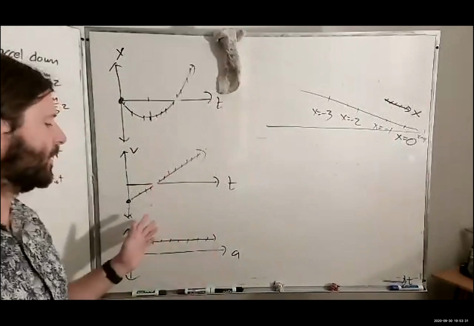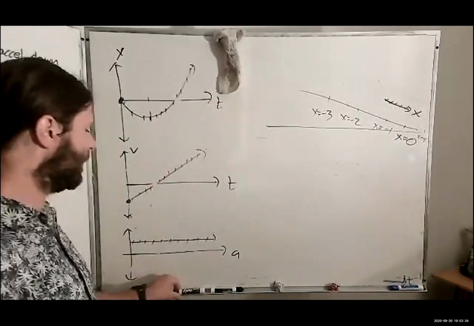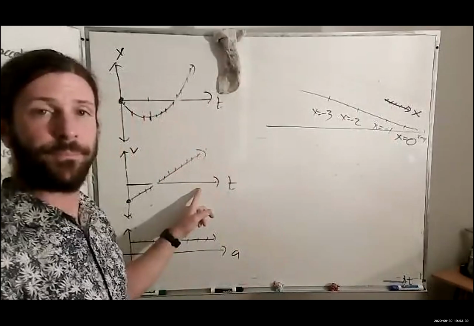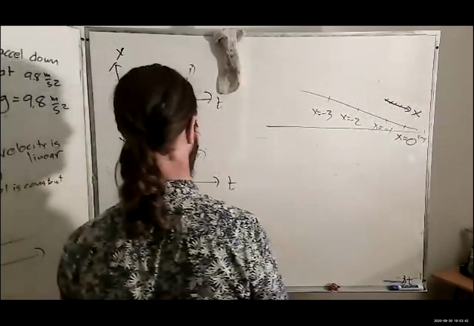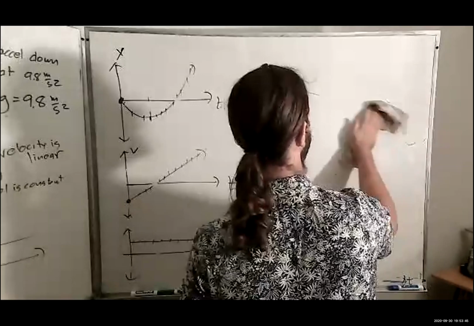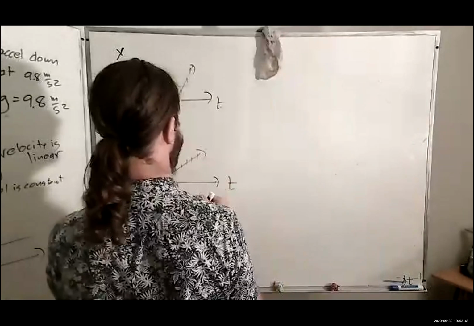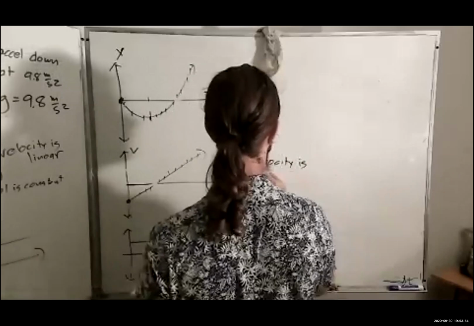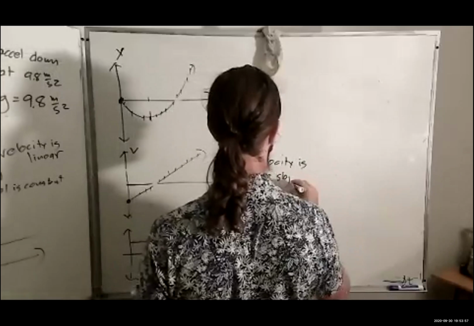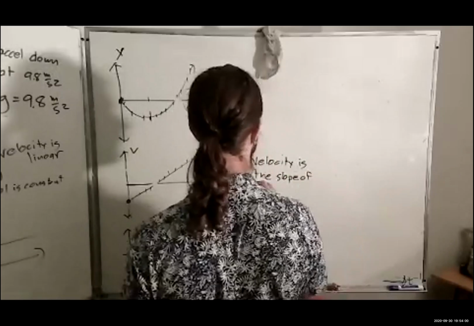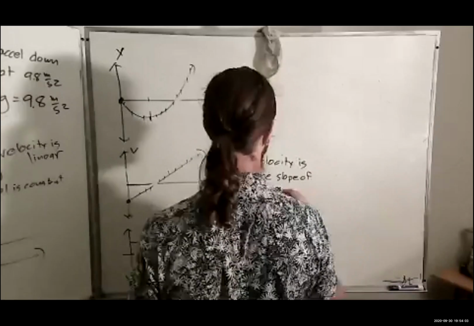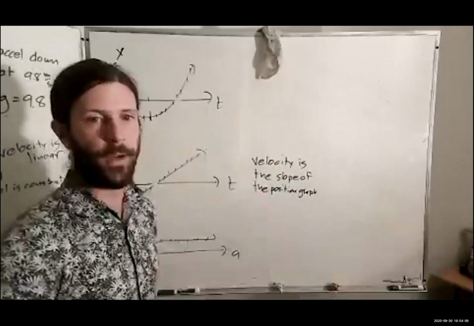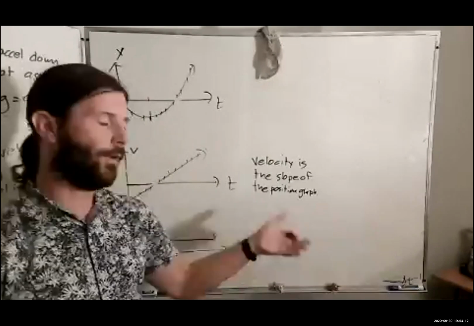Now, something that we talked about and should be familiar with is this relation of slope. Velocity is the slope of the position graph. I'm just going to write that right there. And I'll write this one too.